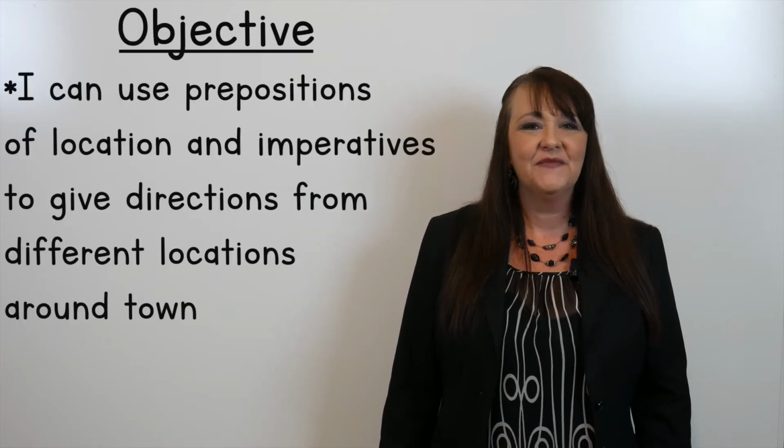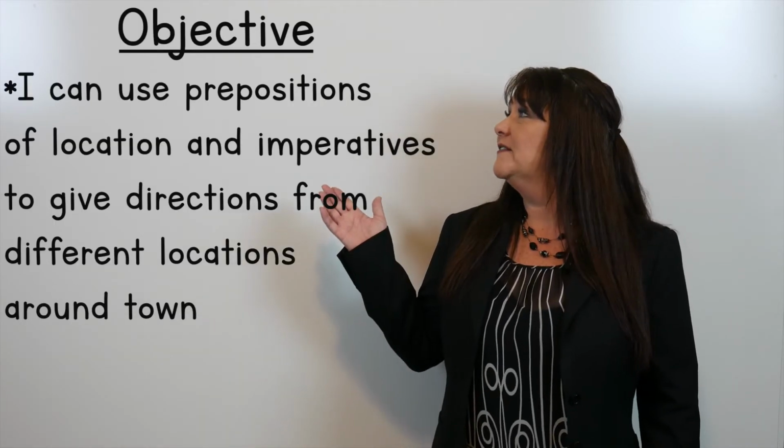Today is the last lesson in the unit about places around town. We're going to practice writing using everything we have learned in the last 5 lessons. Let's look at the objective for today.